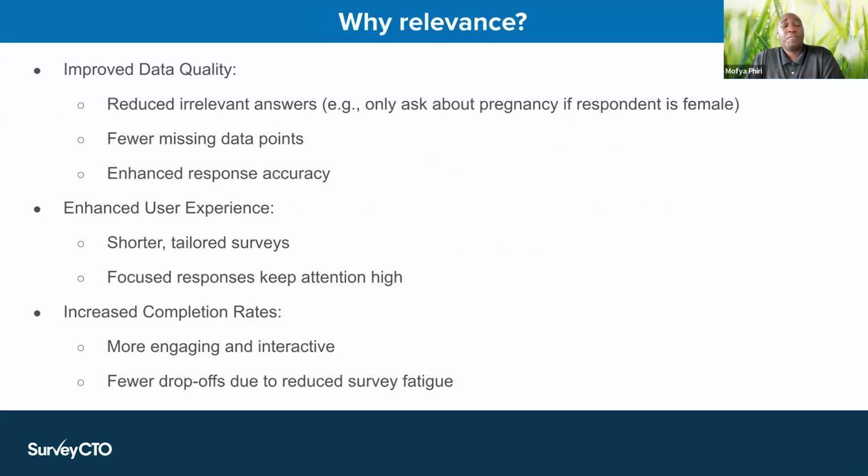For example, if I'm going to ask about pregnancy, and only females can get pregnant, you're basically going to say, if somebody is not female, I will not ask them about pregnancy. So you have that sort of logic behind in your form. So that's going to make sure that you have an accurate data set.